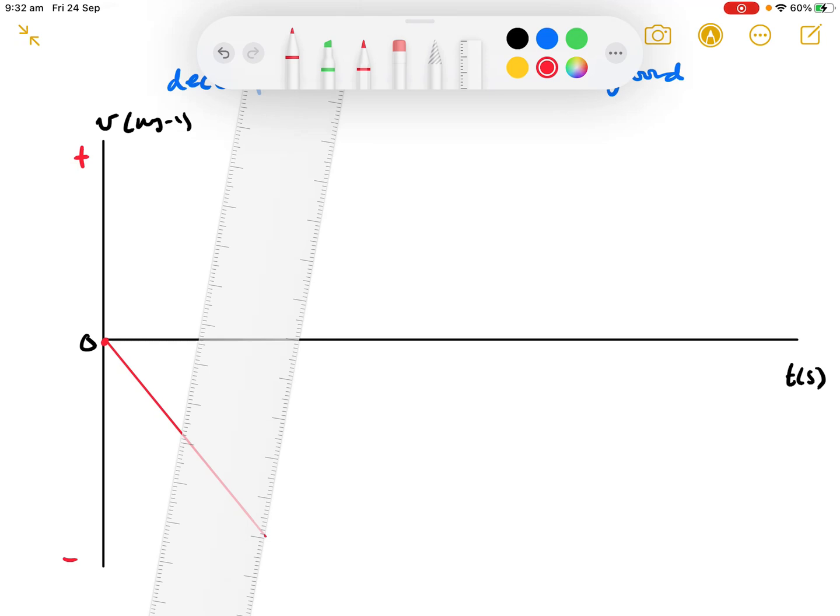This is the compression aspect of the bounce. So it's just touched the ground now, and it's now going to slow down very rapidly to rest. Now it's still moving downwards, but it's decelerating rapidly. So a deceleration downwards means the velocity is always negative, but its value drops very rapidly to 0.